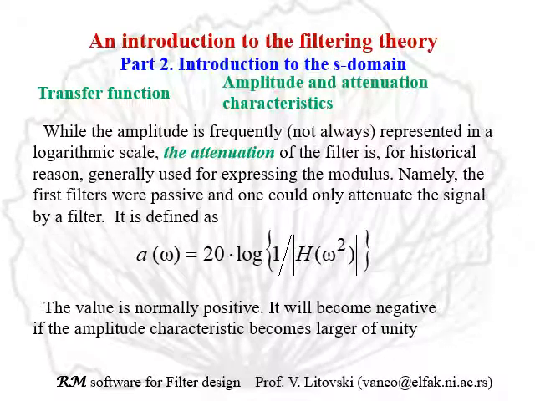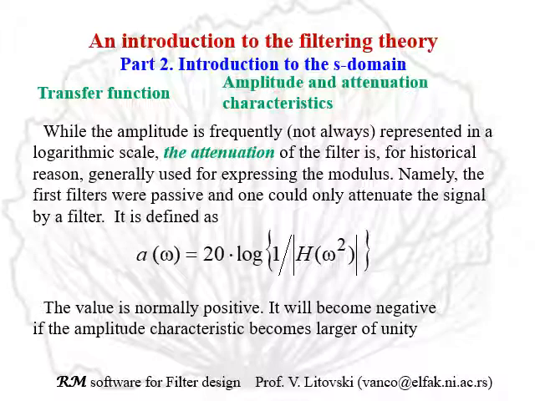While the amplitude is frequently, not always, represented in a logarithmic scale, the attenuation of the filter is, for historical reasons, generally used for expressing the modulus. Namely, the first filters were passive and one could only attenuate the signal by a filter. So the attenuation comes.